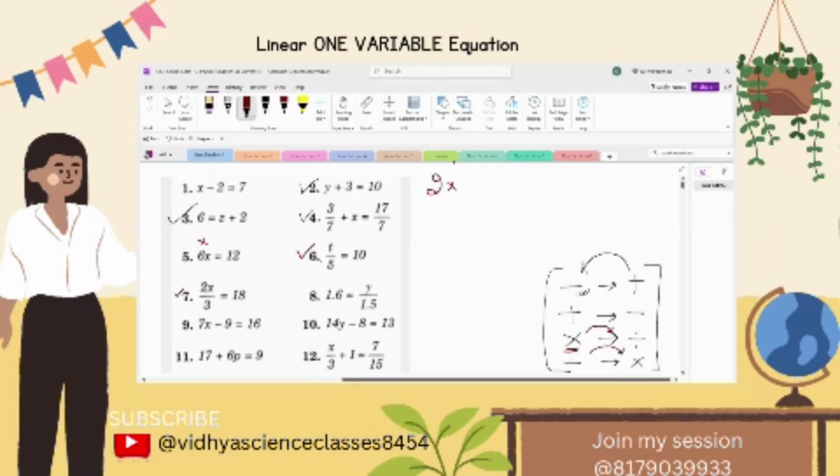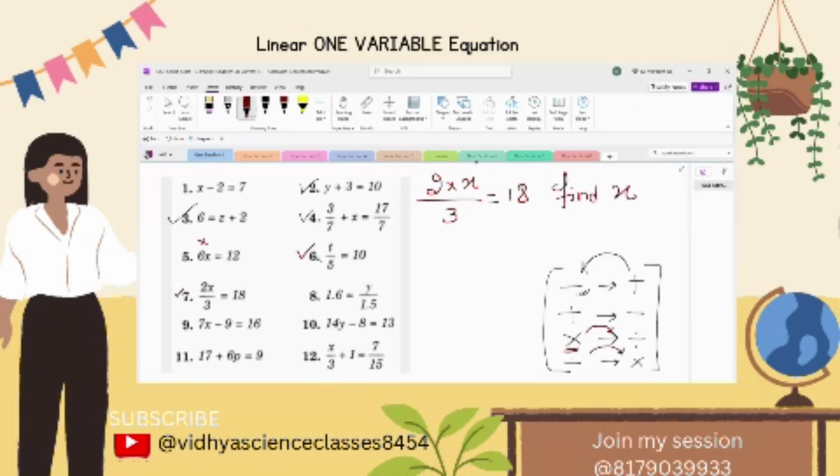It is 2 times x divided by 3 is equal to 18. 2 times x is 2x. Find the value of x. It is your wish what first we will choose, either multiplication or division. I will choose division first. So x divided by 3.